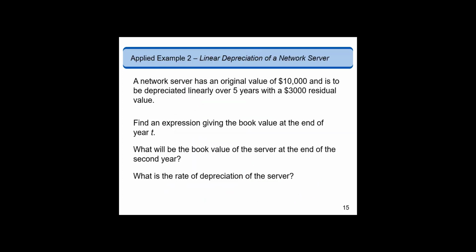Let's say you work in a network company and have a network server with an original value of $10,000. Meaning, when the network company purchased the network server, it cost $10,000. So this gives us an initial condition: when time t equals 0, the value of the network server is $10,000.